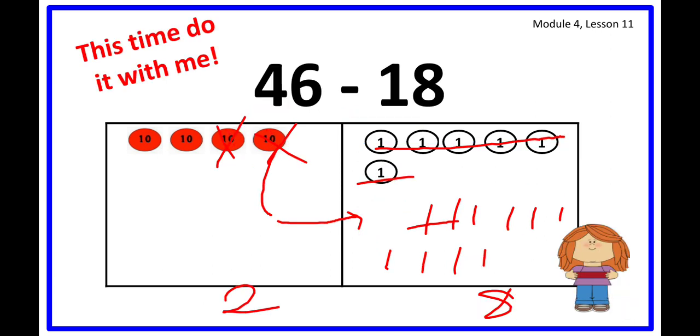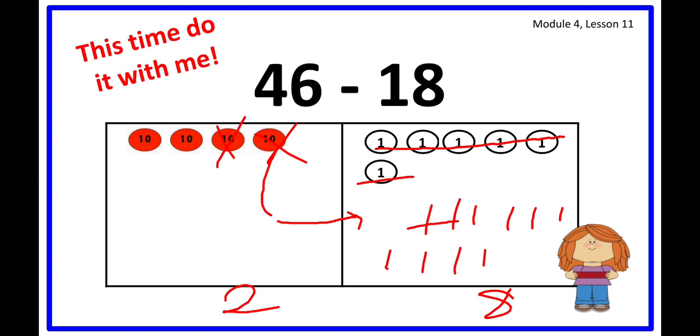46 minus 18. We represent the 46. Remember, in subtraction, using your place value chart, you represent only the bigger number in the chart. We represented only 46. 4 tens representing the 10 side, and 6 ones represented in the 1 side. So we cannot remove 8 from 6. So we have to unbundle 1 ten.